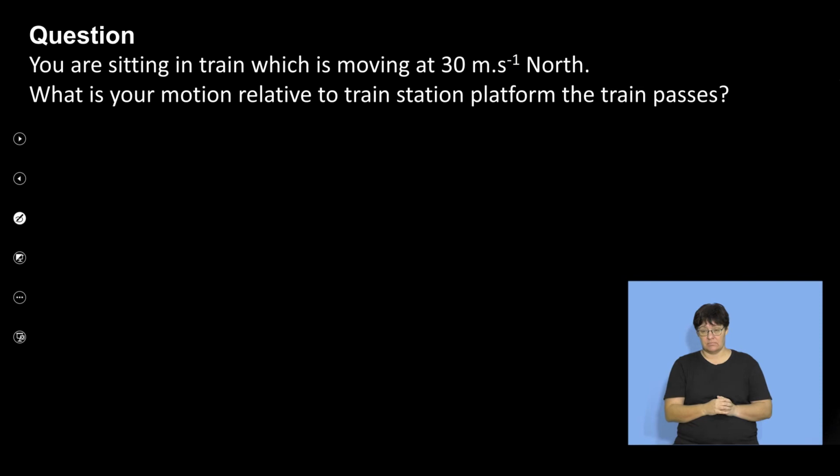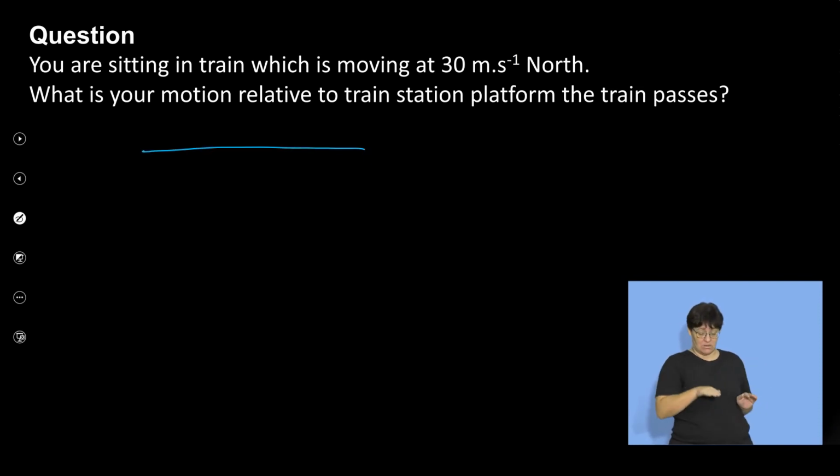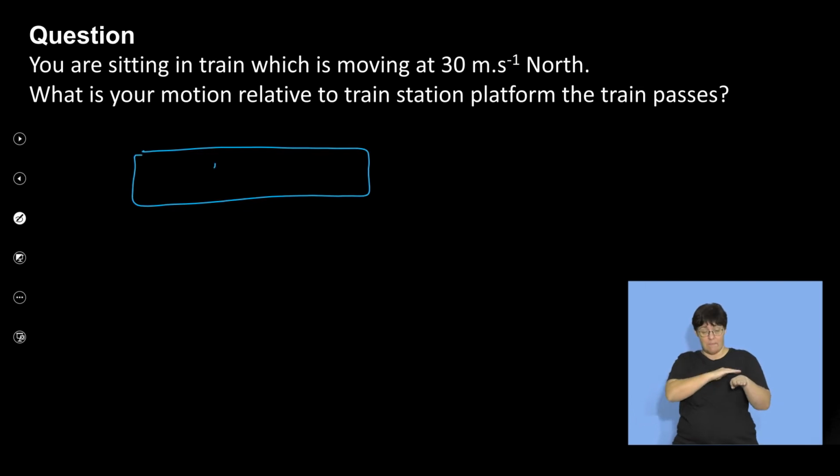If I now go relative to the train platform, so now we still have our train, okay, you're still sitting in your train, there's your chair, okay, and you're reading a book. Okay, can't draw, we know this. Train is going at 30 meters per second north.